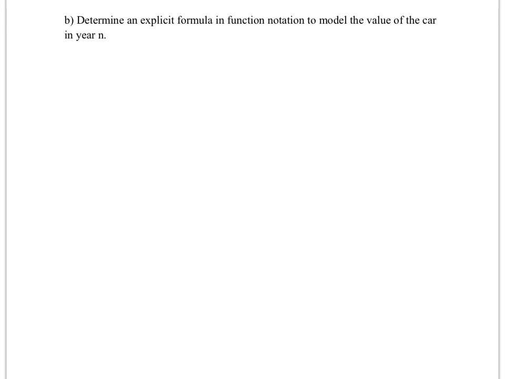The next question says, determine an explicit formula in function notation to model the value of the car in year n. This means I have to find a formula for V(n) in terms of n, the number of years. I know initially the value was 142,000, so it's 142,000 times.